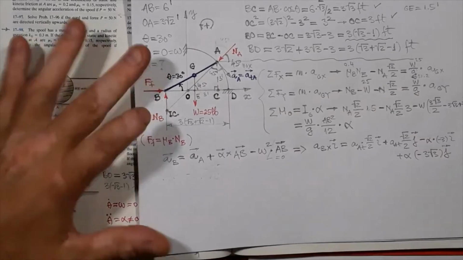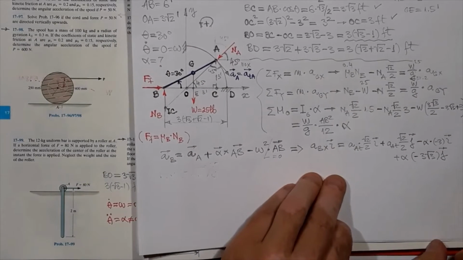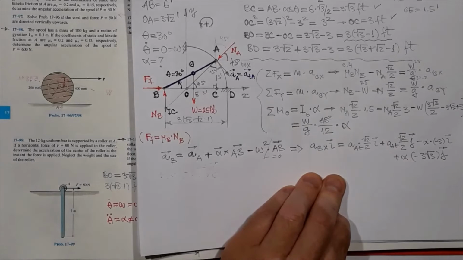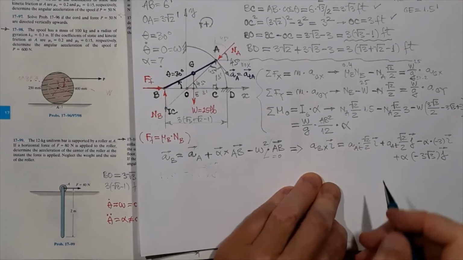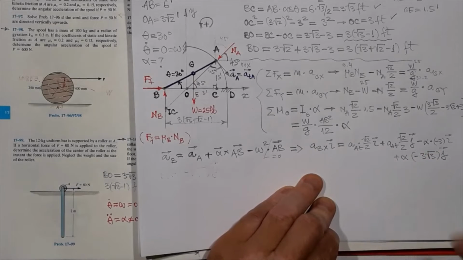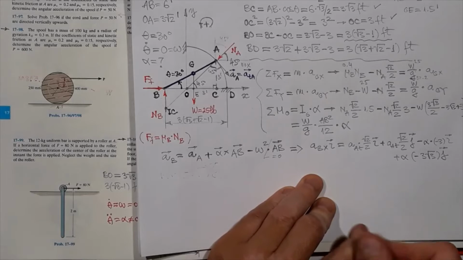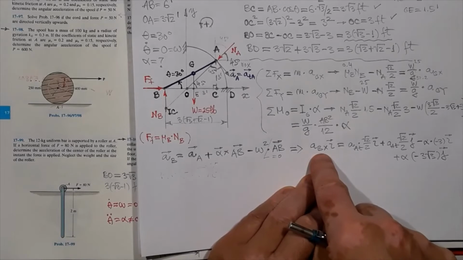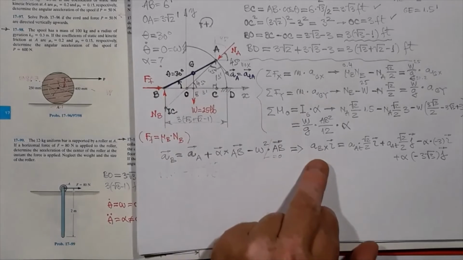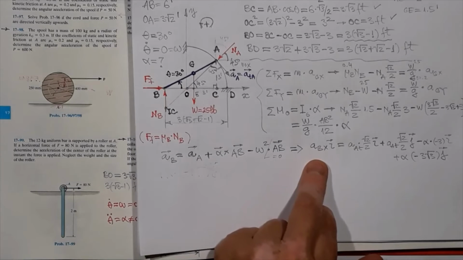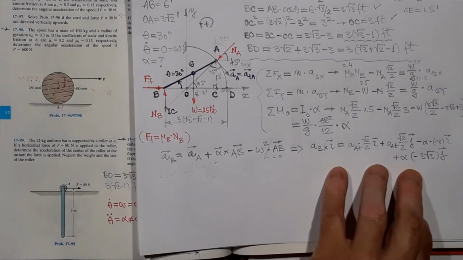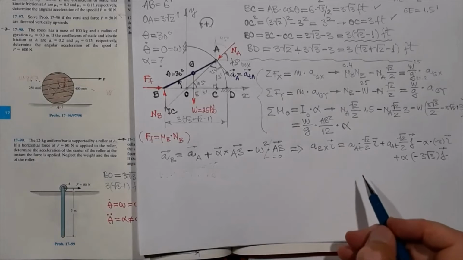Let's see what new information we acquired with this new equation. Really, what we want to do is to state the acceleration of B, or of the center of mass, as a function of alpha. So this was one.